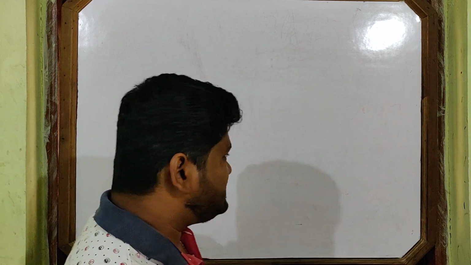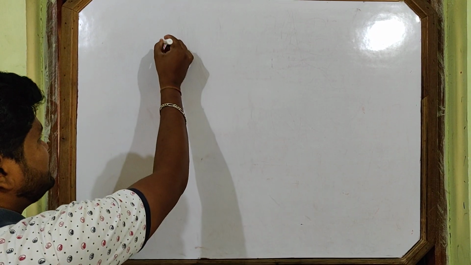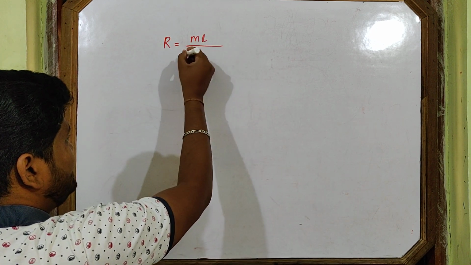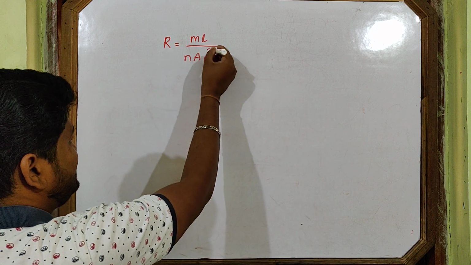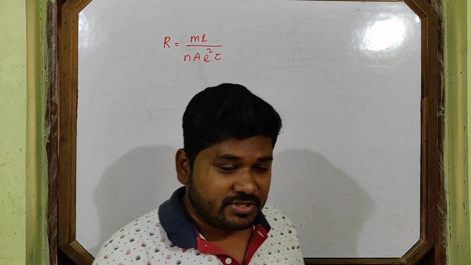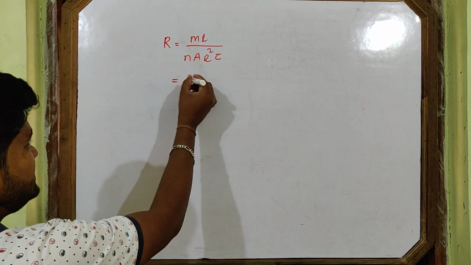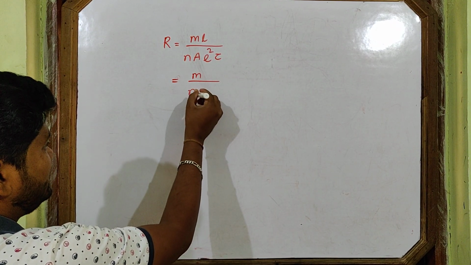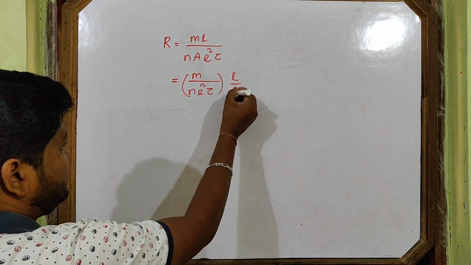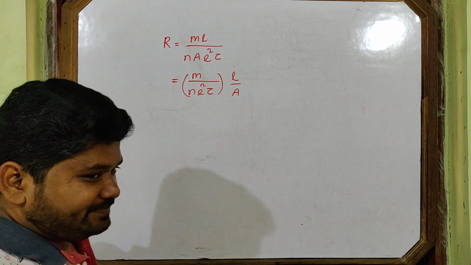So specific resistance is also called resistivity. In the resistance formula, you remember m by n e square tau, this is the formula for resistance. What I did in the previous lecture was separate it and take L by A to this side.